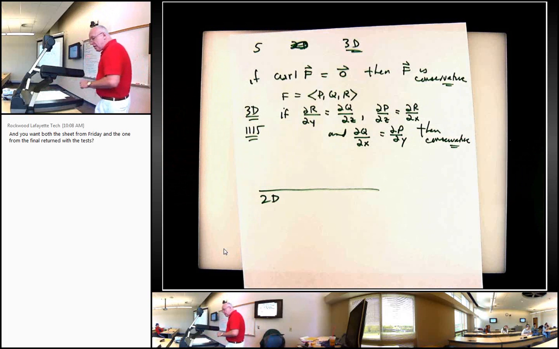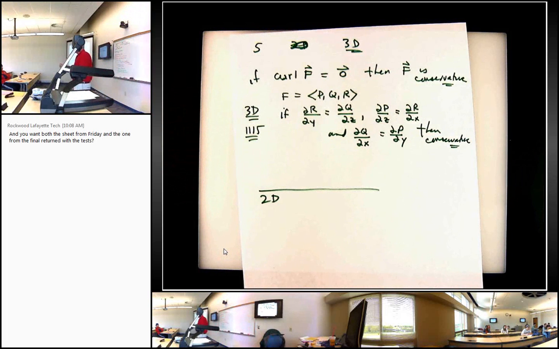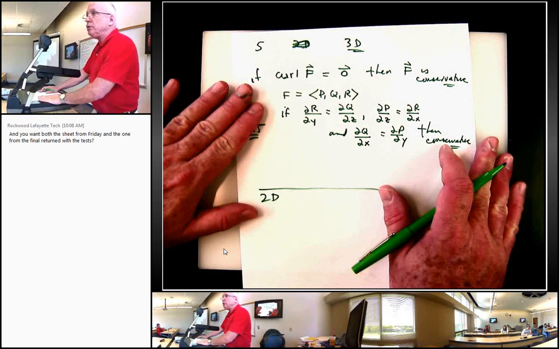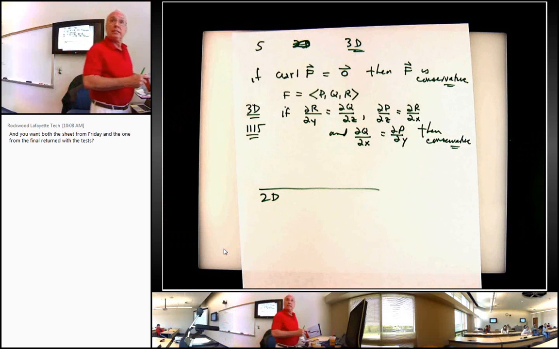That's actually the same thing in a different way as the curl being the zero vector. I'm just used to doing it as the curl, but that'll work. That's fine.